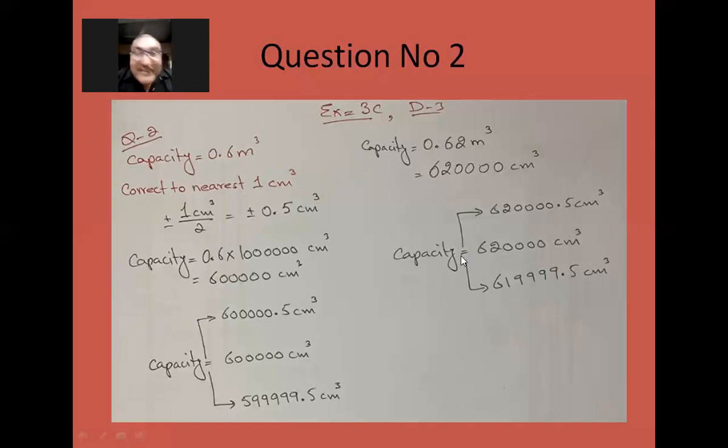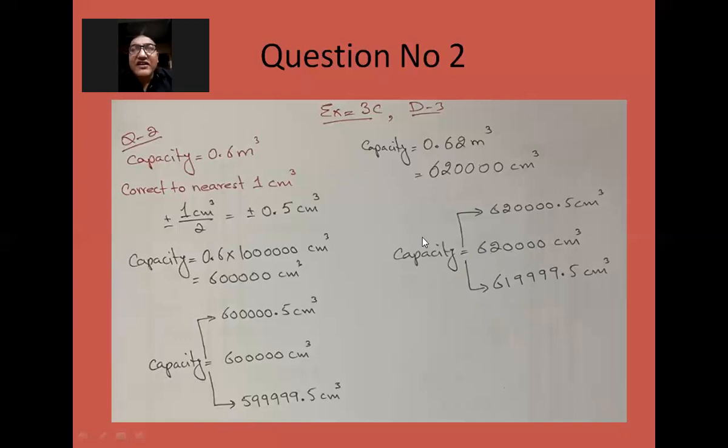So if the capacity is 0.62 meter cube, then I will convert it into centimeter cube. For this purpose, I will multiply it with 1,000, and I will get 620,000 centimeter cube. So in this measurement, I will add 0.5, and I will get the upper bound. From this measurement, if I subtract 0.5, I will get the lower bound.